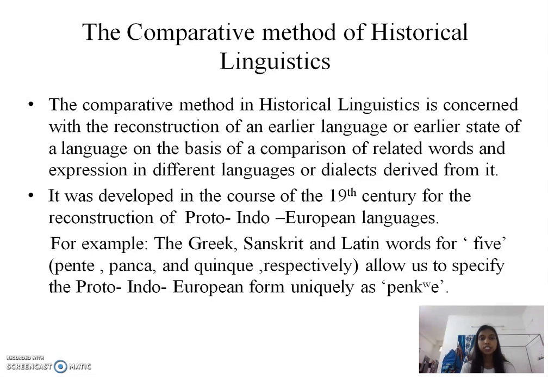It was developed in the course of the 19th century for the reconstruction of Proto-Indo-European. For example, the Greek, Sanskrit and Latin words for five allow us to specify the Proto-Indo-European form uniquely as pengwe.